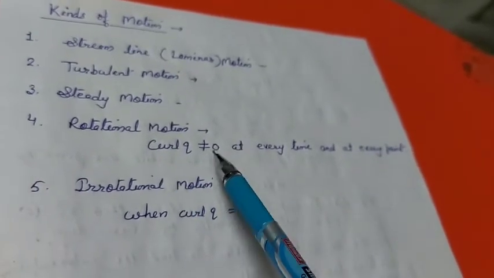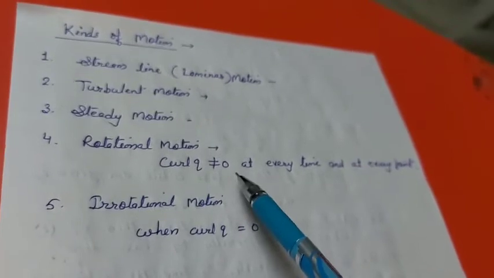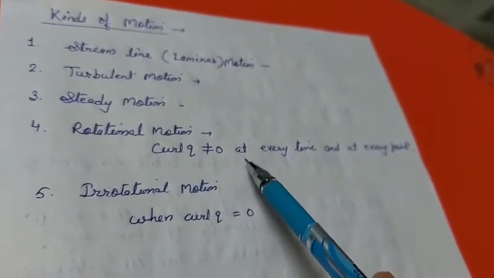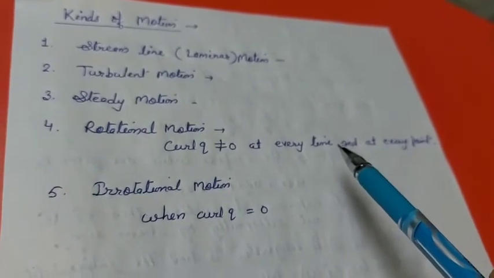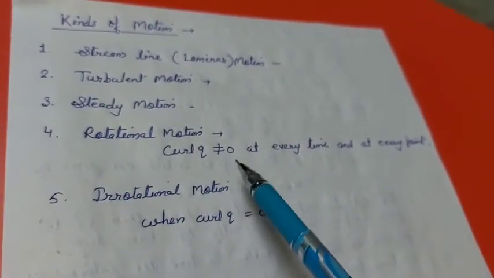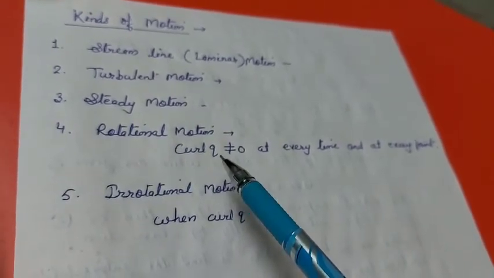Next is rotational motion. If curl of q is not equal to 0 at every time and at every point, where q means velocity of the fluid, the motion is rotational.